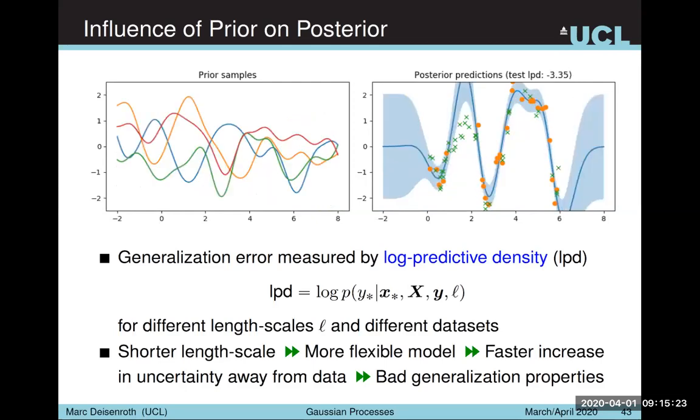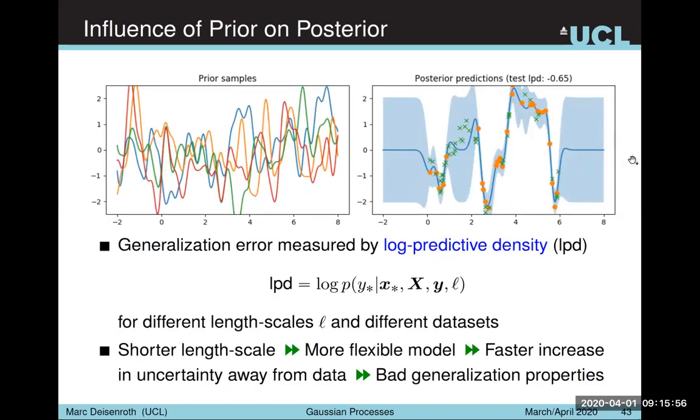So now we can decrease the length scale, so make the model class a bit richer, then it looks a bit better, but we are still missing out on data points in various regions, and not even the training data is modeled super well. But the log predictive density is significantly better, so we're now at minus 3.35. And we can then say maybe we want to increase the flexibility of the model further by decreasing the length scale.